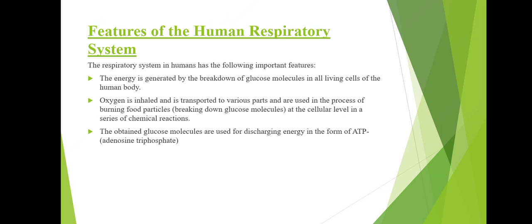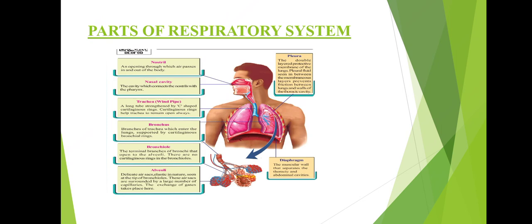Oxygen is inhaled and transported to various parts, and is used in the process of burning food particles, that is, breaking down glucose molecules at the cellular level in a series of chemical reactions. The obtained glucose molecules are used for discharging energy in the form of ATP, that is, adenosine triphosphate.